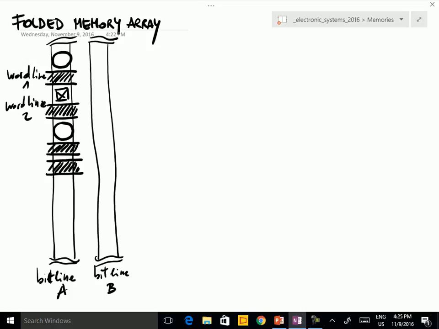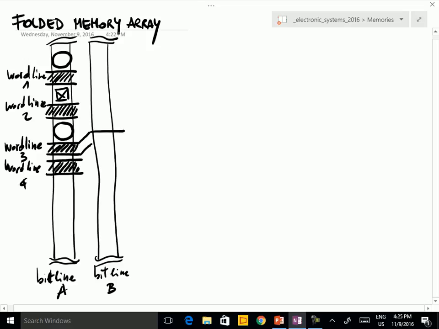Okay, but of course these two word lines, let us call them 3 and 4, will have to be connected to the gates on the following bit line.